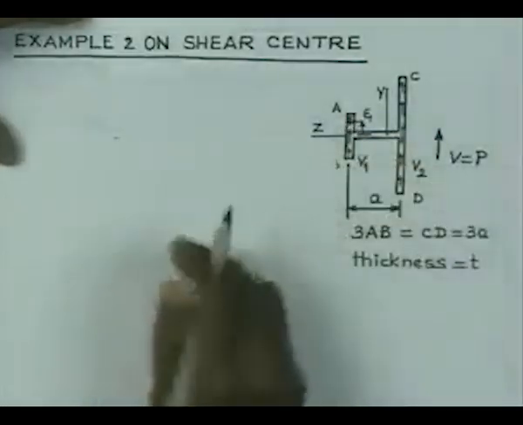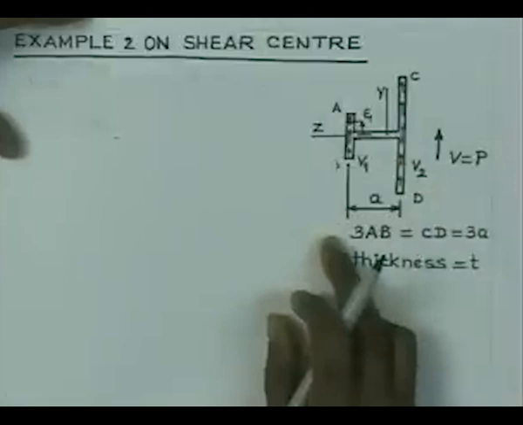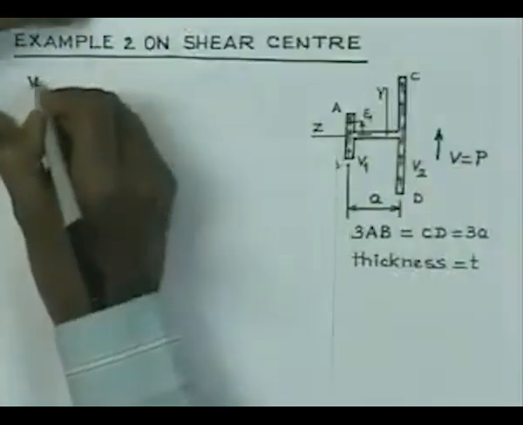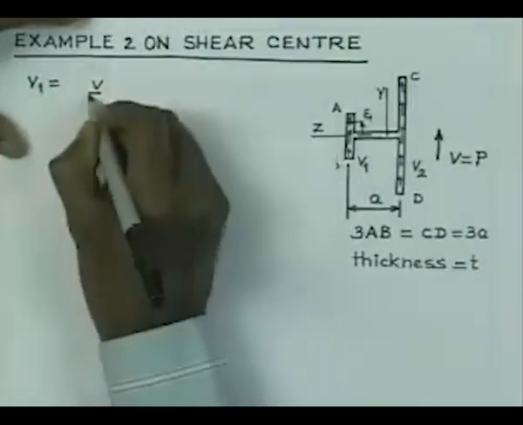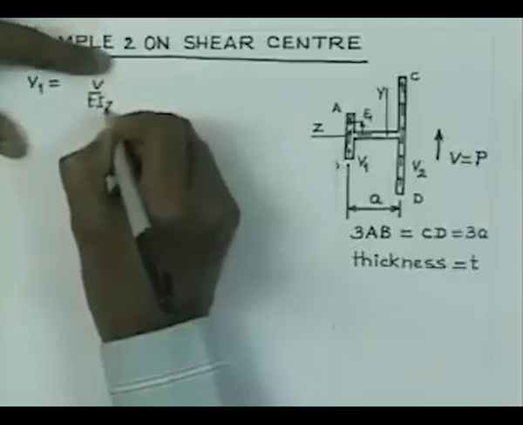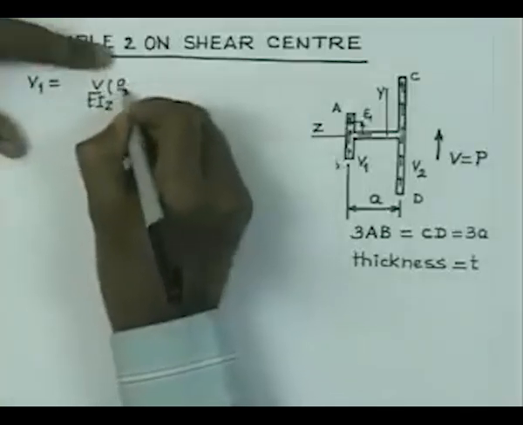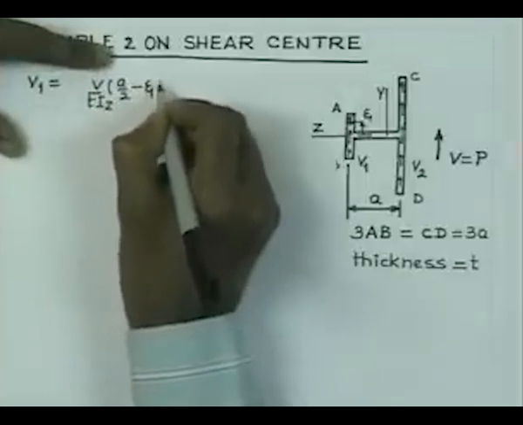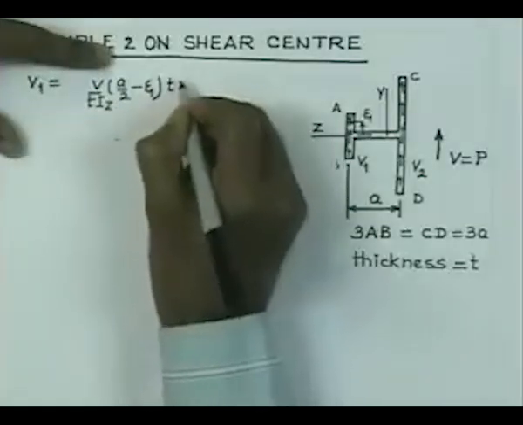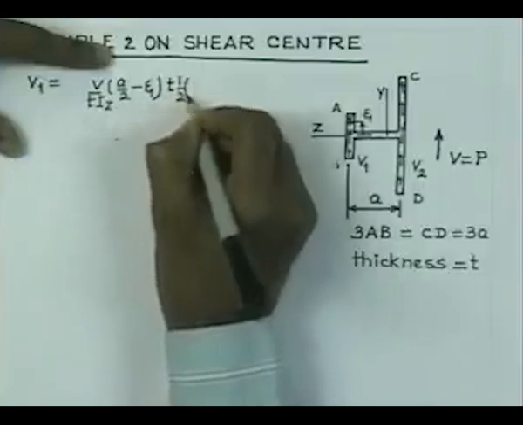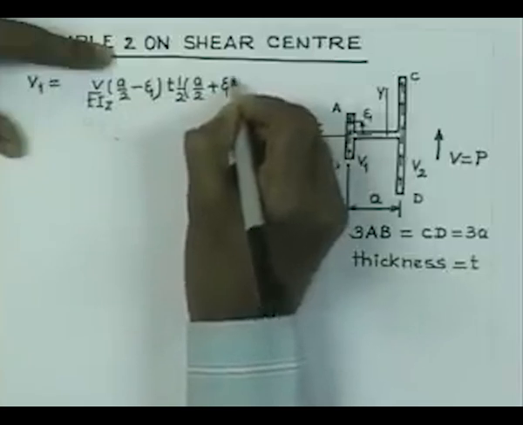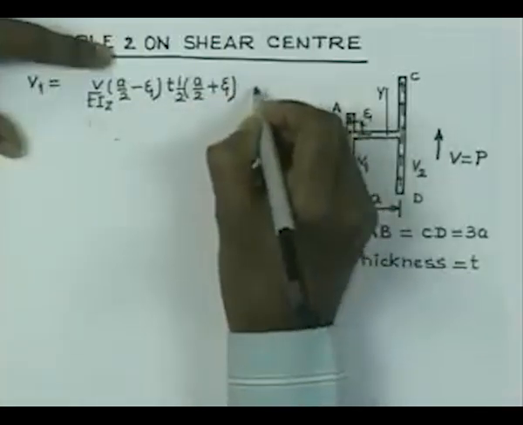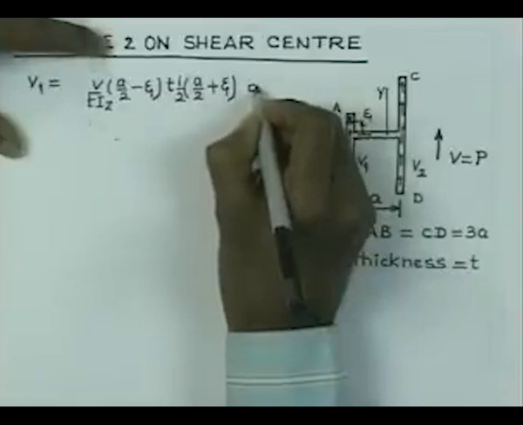and now we would like to consider the shear stresses at this level, which will be given by Vq by T I z, that is the shear stress, and therefore, we can now write V1 to be the integration of the shear stress, which is nothing but V by T I z, and Q is nothing but A by 2 minus xi into T, that is the area, and its Cg is at a distance of half of A by 2 plus xi, that is the Cg distance, and then we can consider that the integration is with respect to d xi.